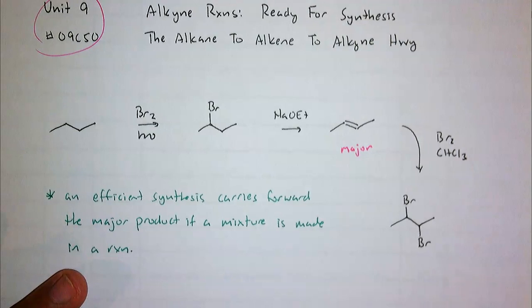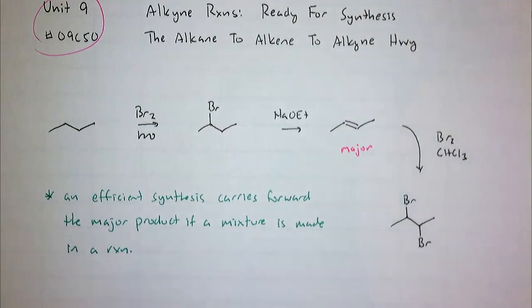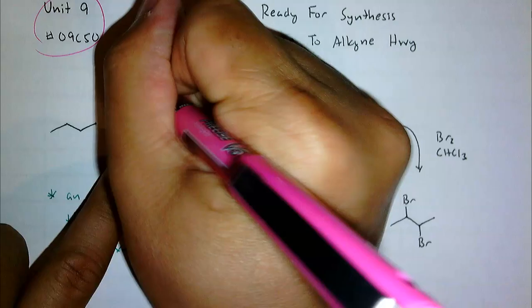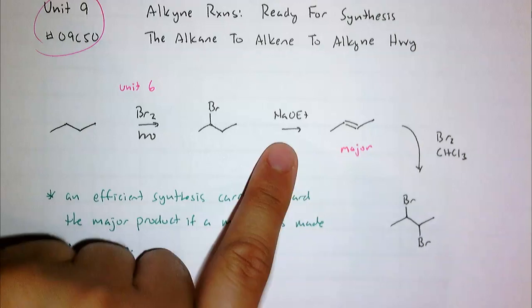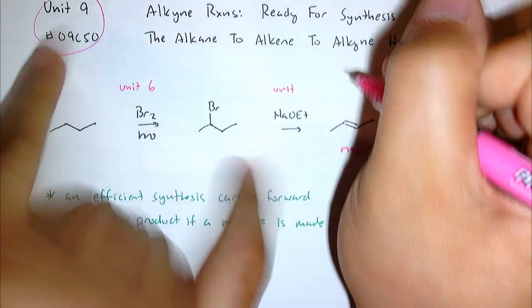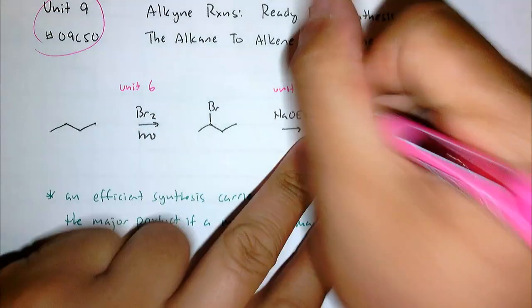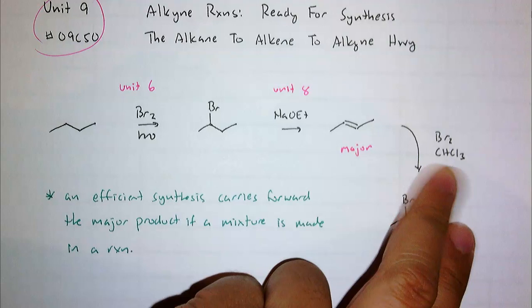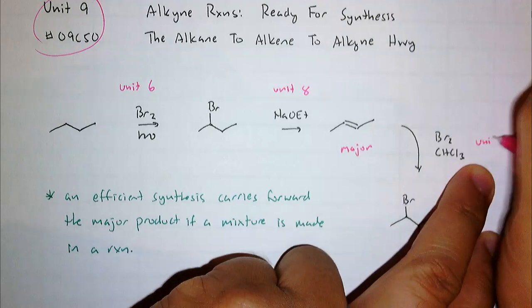I'm going to try to state which units these are from. The radical unit, this was unit 6. This was the elimination, that was the previous unit, unit 8. And the alkene addition reaction was unit 5.